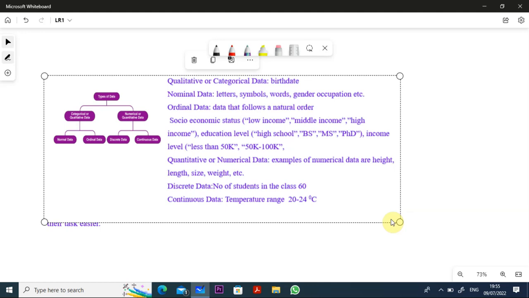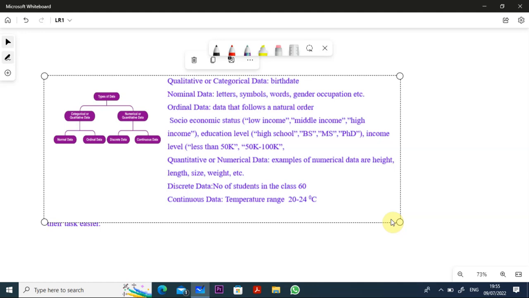Now see, we have two types of data. One is categorical data, the second is numerical data. Categorical data we also call qualitative data. Numerical data we call quantitative data. Is it clear?